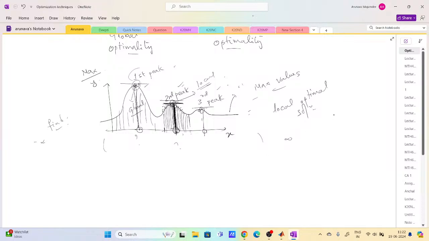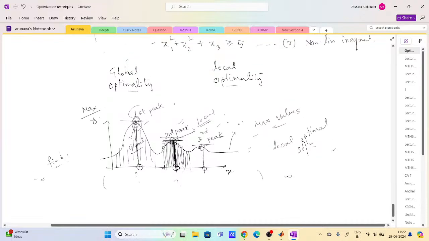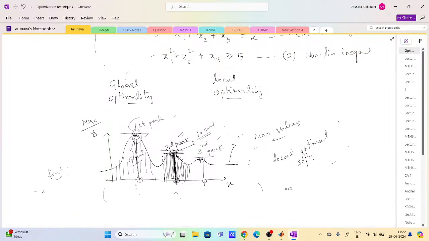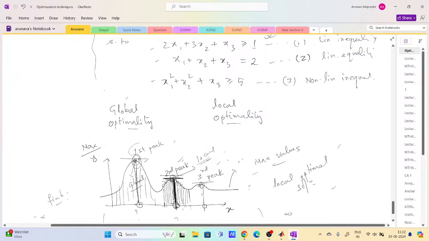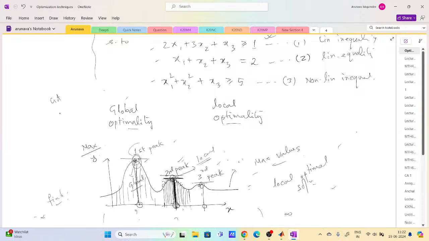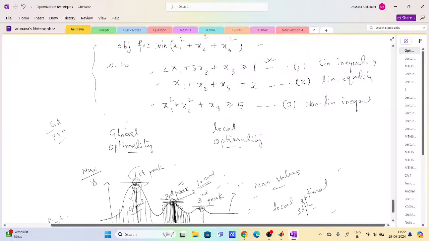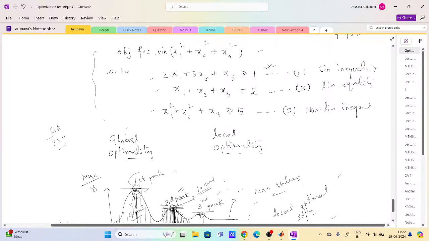So if you use proper mathematics or classical optimization, there is a chance of finding the global optimum. But if you use an algorithm not based on the derivative, Hessian matrix or second derivative method, such as a metaheuristic like genetic algorithms or particle swarm optimization, PSO, there is a chance they cannot give you a proper global solution.